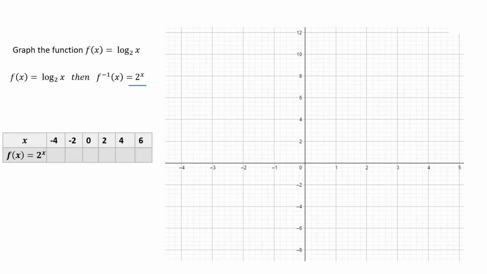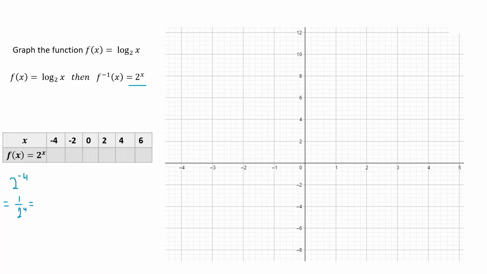So my first value, if I want to work out my f of x or my y value, it's going to be 2 to the power of -4. This is going to be equal to 1 over 2 to the power of 4. Again, you can just go straight to your calculator to do this anyway. So effectively it's going to be 1 divided by 16.